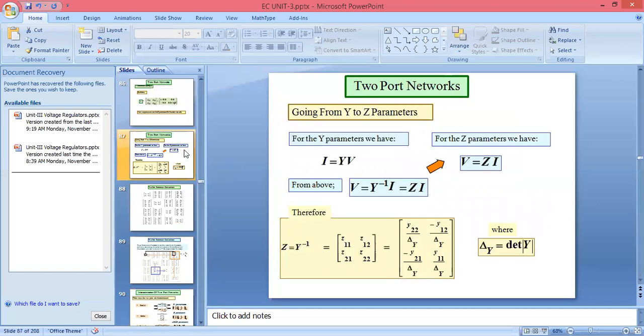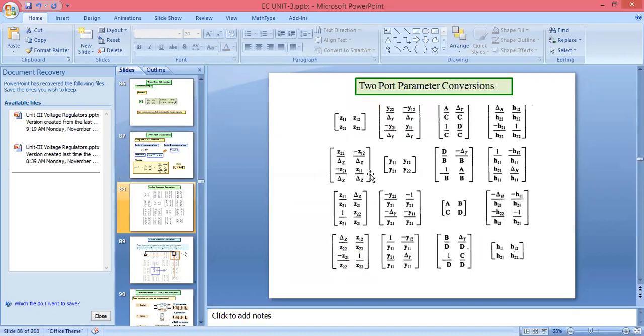How we have to study the Y parameter, Z parameter. Then we can see that these networks can be converted. It means what? We can convert Z parameter into Y parameter. We can convert Z parameter into hybrid parameter. We can see here, if we are converting any parameter into another parameter, you will get these equations. You can write them in the form of a matrix. This is the first row, second row, third row, fourth row.